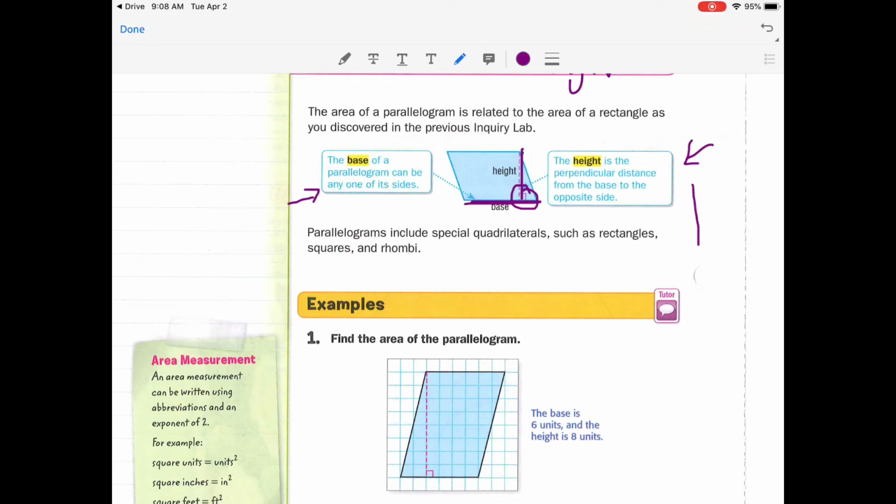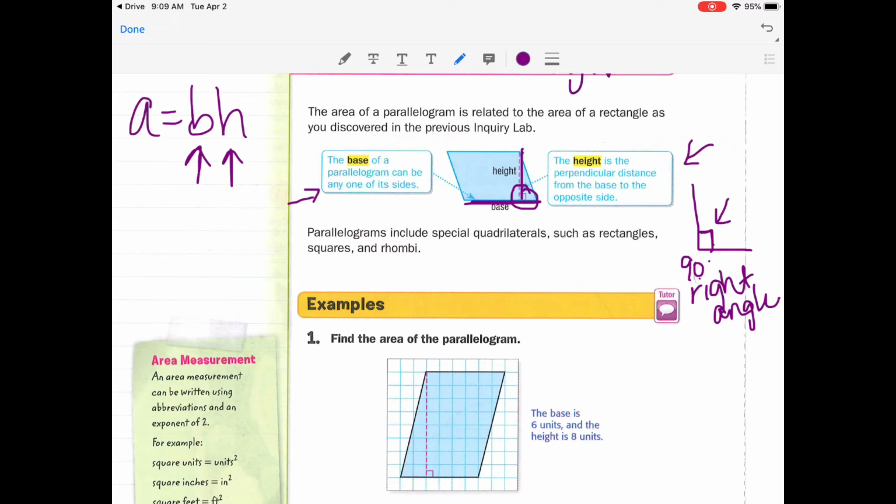And a right angle is marked with a square right there. That means that it is a right angle, which means it is 90 degrees. So when you're looking for the height, you really want to make sure that you are looking at that. So basically, our formula is A equals base times height. All we're going to be doing is multiplying our base times our height to get our area.